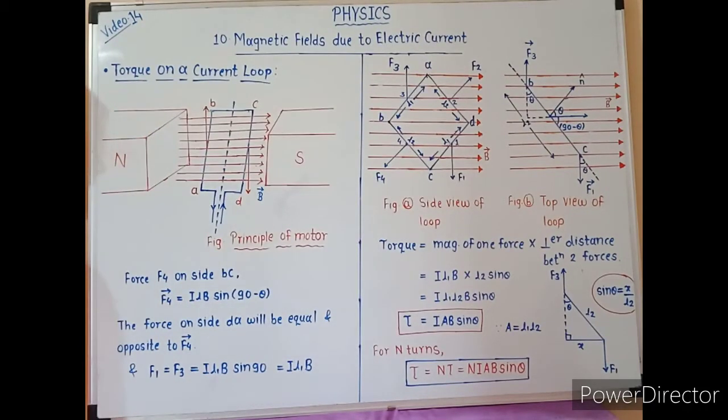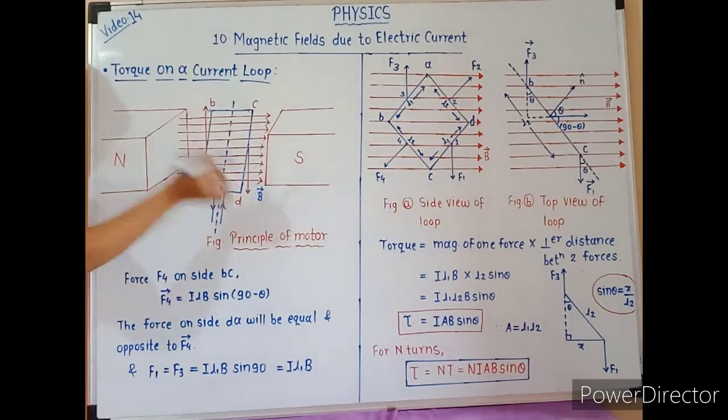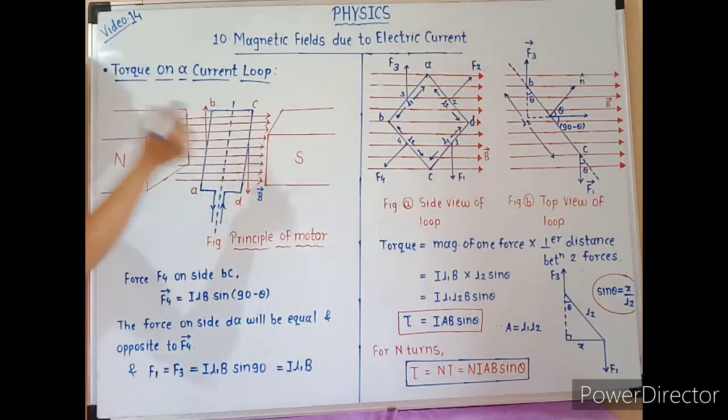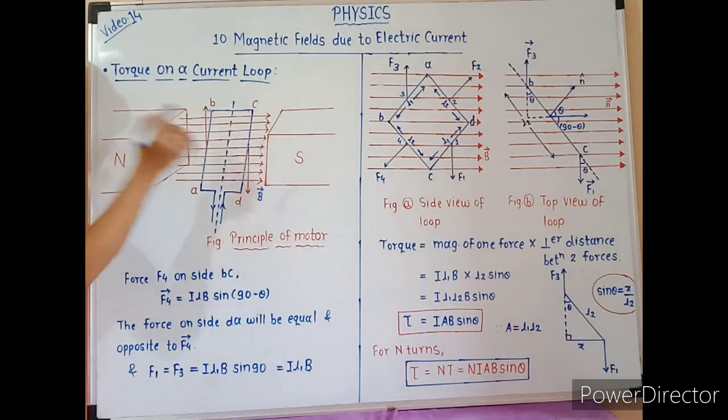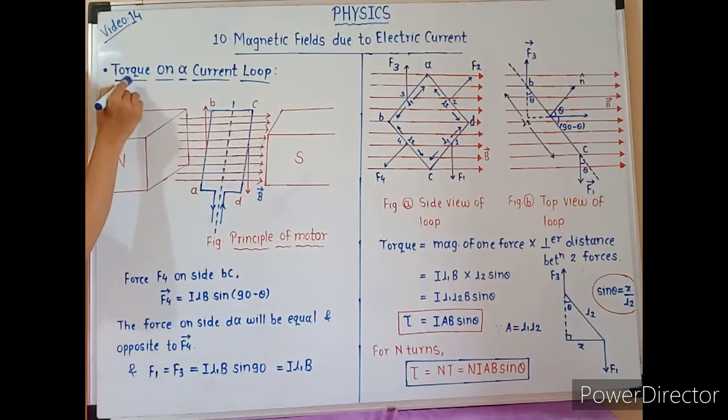So torque can be defined as the two equal and opposite forces applied at different points such that there is a perpendicular distance between them, so they make a couple of forces, and this effect of couple of forces is known as the torque.